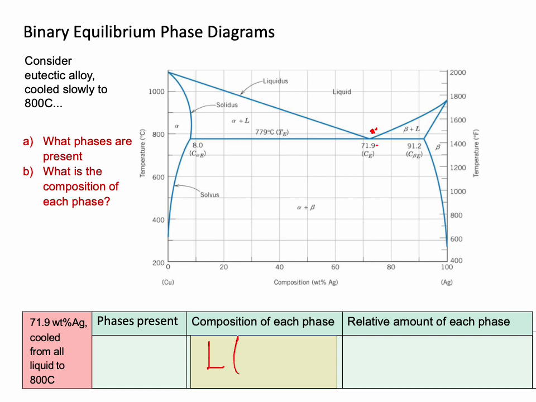So liquid with 71.9 weight percent silver. So whenever there's only one phase, then the composition of that phase is the same as the composition of the alloy.